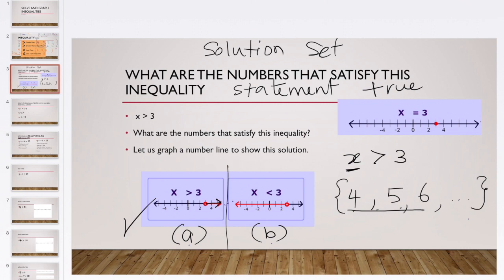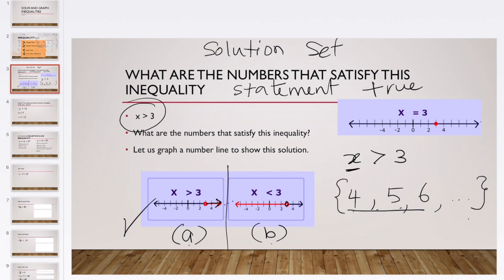In this graph, x is less than 3. Look at where the circle is. 3 is the circle, 2, 1, 0. These are all numbers less than 3. So I have to say this is the one that shows x is less than 3.